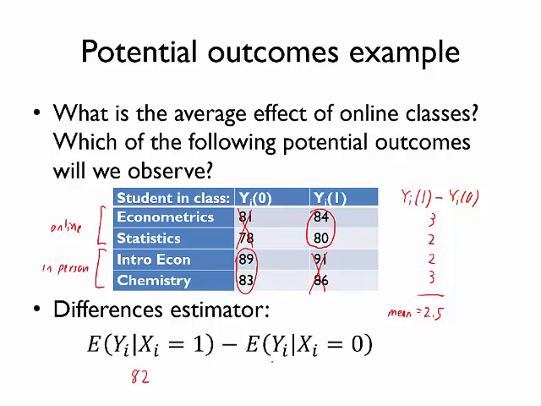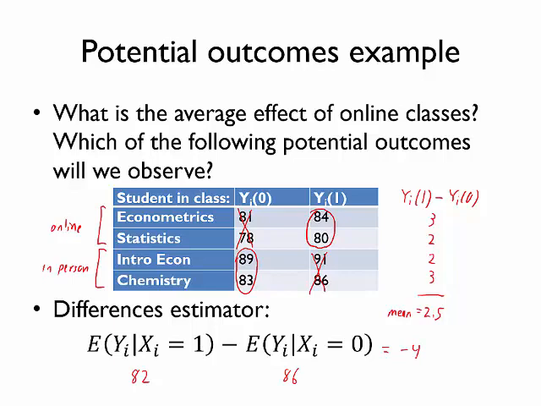Looking at this second expected value, we ask, among all those who were in the control group, the in-person classes, what is their average? The average of 83 and 89 is 86. One thing you'll notice is that the difference, 82 minus 86, is equal to -4.